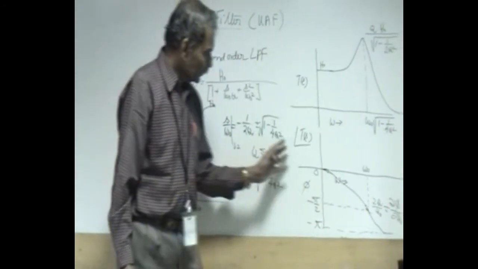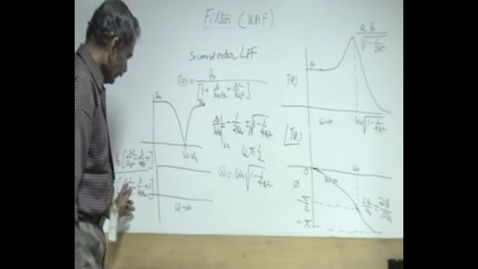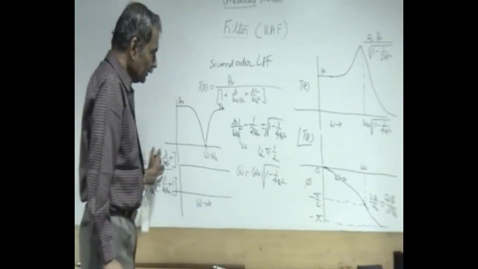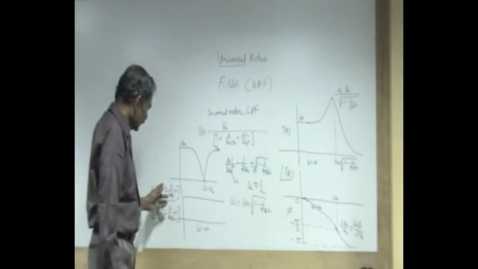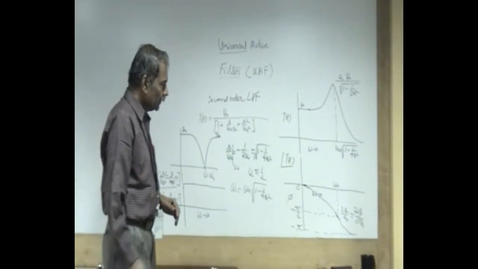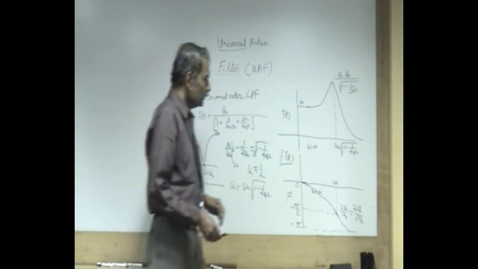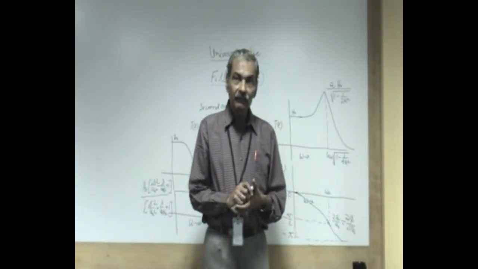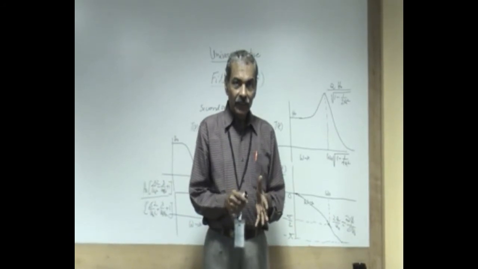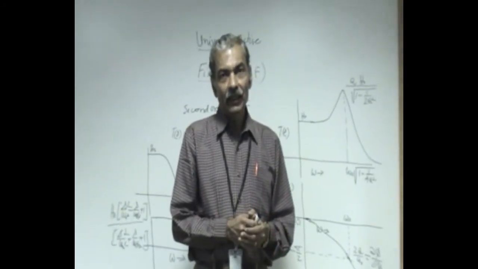0 to pi is caused by one pair of poles, and a further phase shift of another pi can occur due to the zeros in the numerator. So please plot the frequency characteristic, both magnitude and phase, and also obtain the transient response.